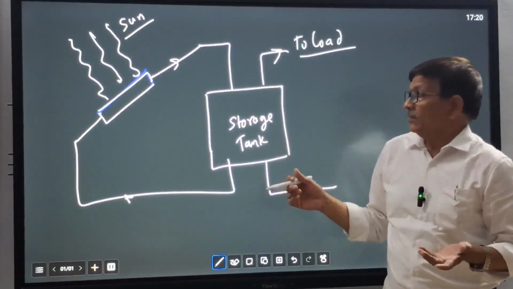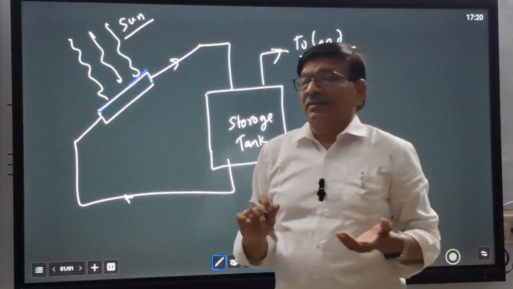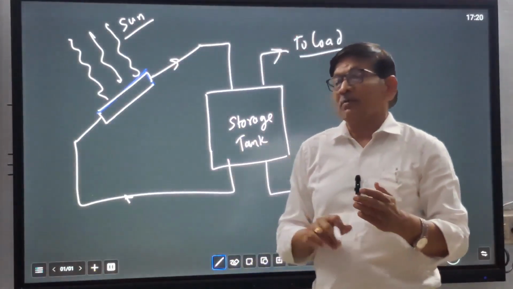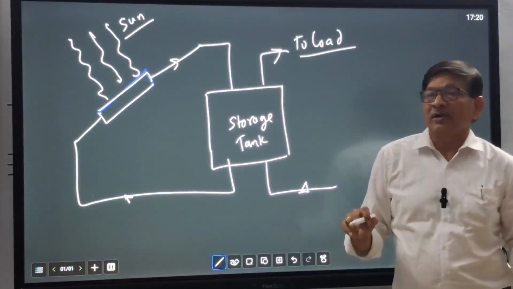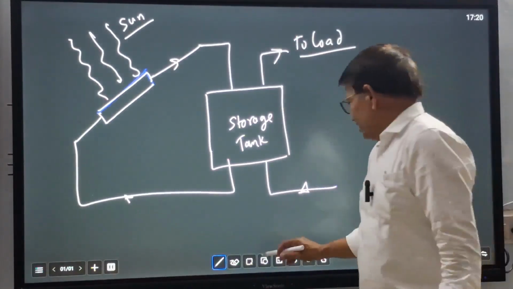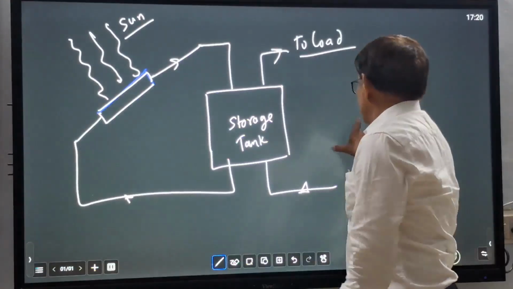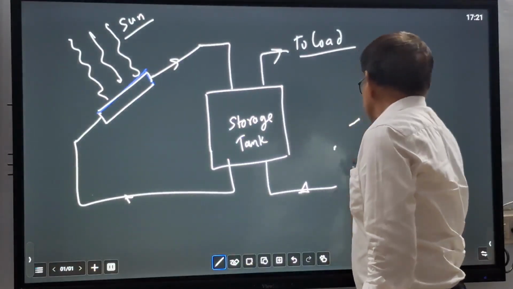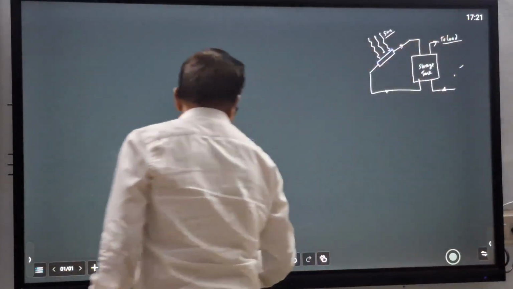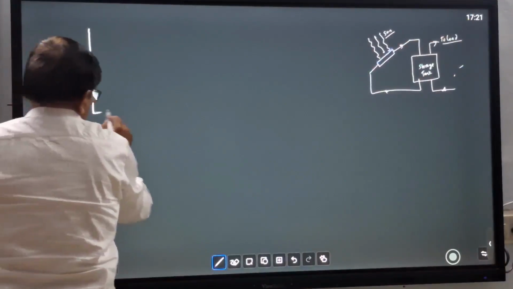So these depend upon the application, and duration is also very important: what duration you want to store energy. That's why we want to discuss the different types of energy storage systems required. This is a symbolic diagram of the energy storage system. Let us see the energy storage requirement.